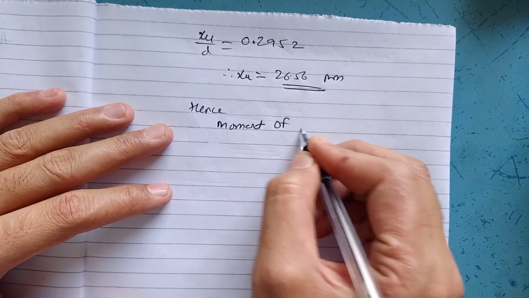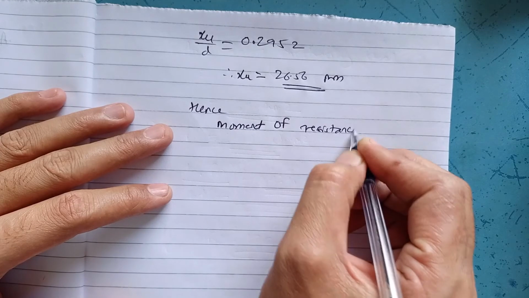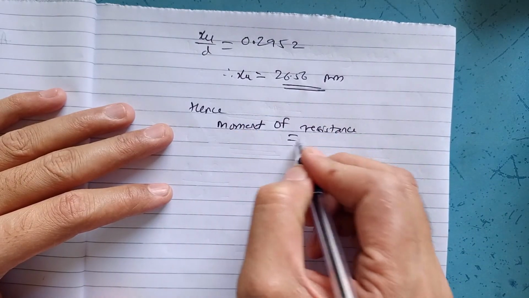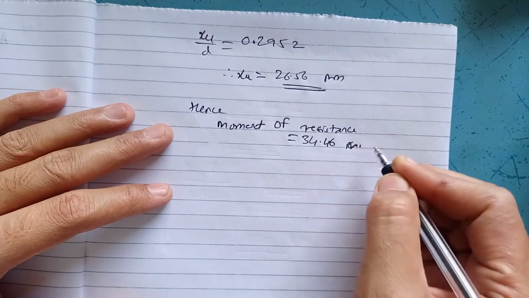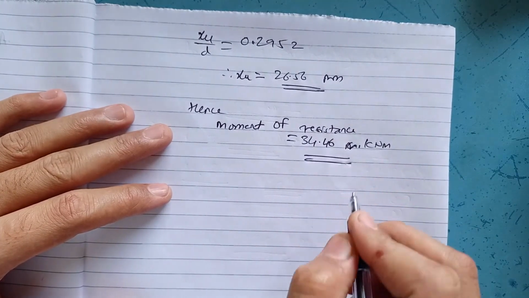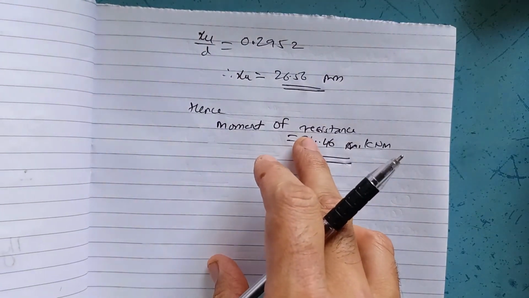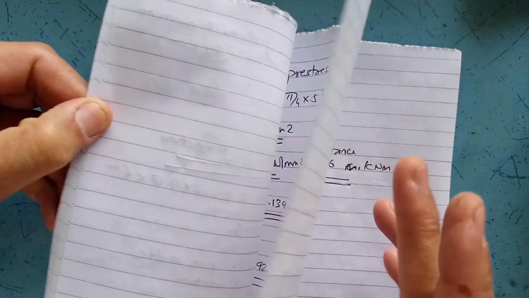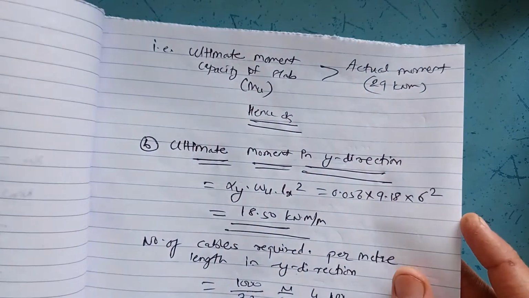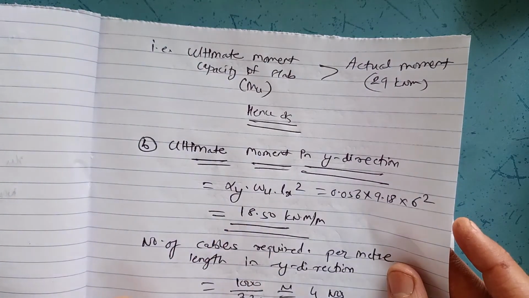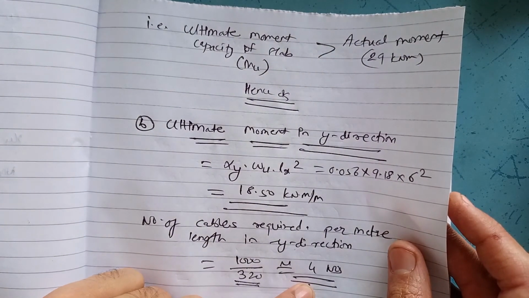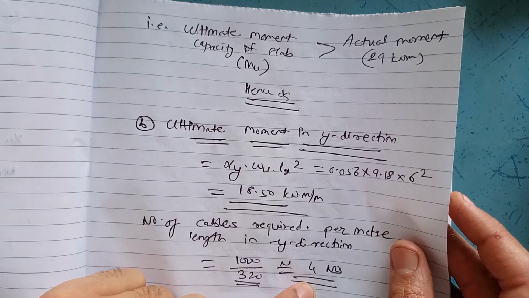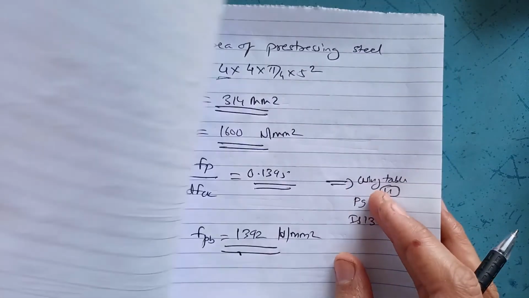Moment of resistance is 34.46 kilonewton meter. Now why we had not calculated further? Because all the values are coming same also in y direction. Same 4 number of cables were required in x direction also, and per meter length 4 number of cables are required in y direction also. No need for further calculation.